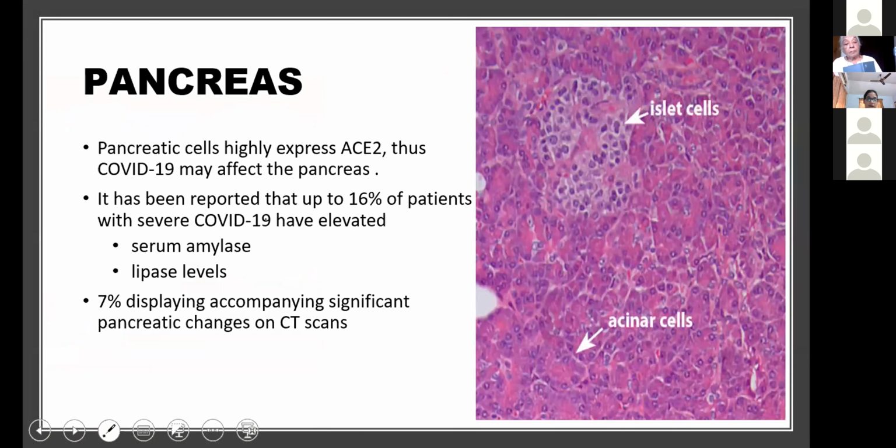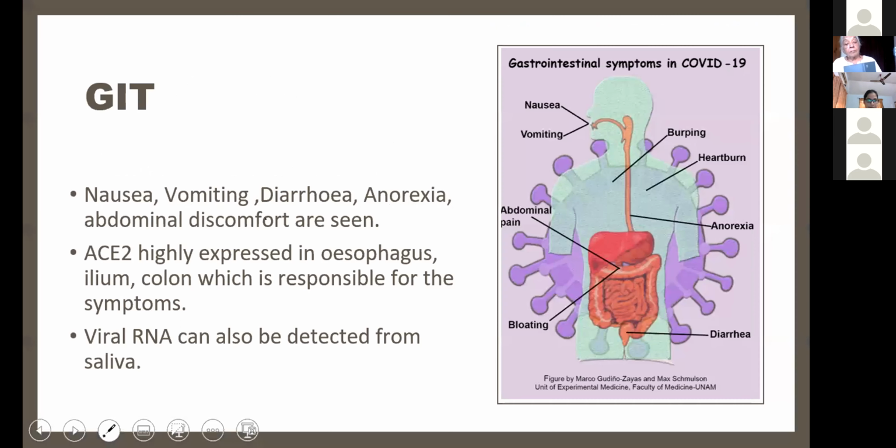The pancreas also highly expresses the ACE2 receptors, and it has been reported that about 16% of the patients with COVID infection have elevated serum amylase and lipase levels, and 7% of them had short pancreatic changes in the CT scan.